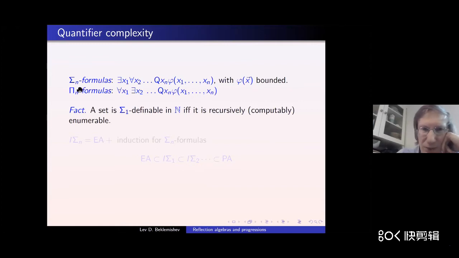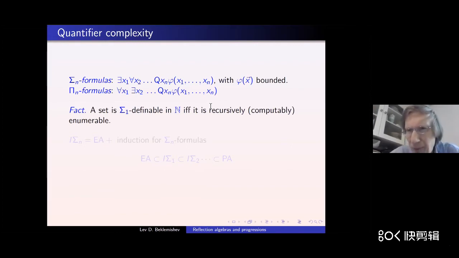Sigma n formulas are formulas where there is a block of n alternating quantifiers followed by a bounded formula. Pi n formulas are those where there is also a block of n alternating quantifiers but in a different order, for all, exist, followed by a bounded formula. So these are the formulas of the so-called arithmetic hierarchy.